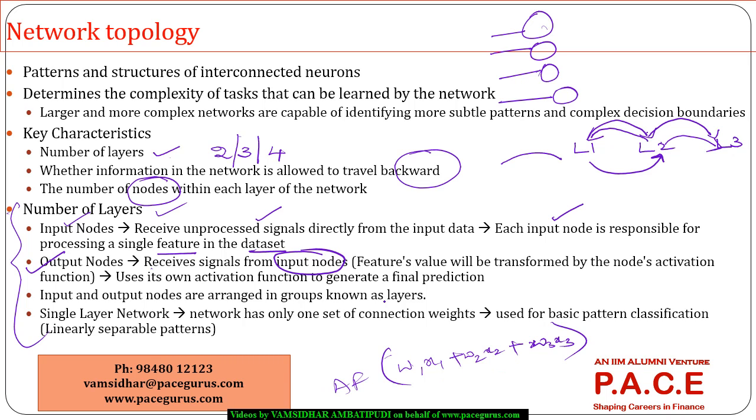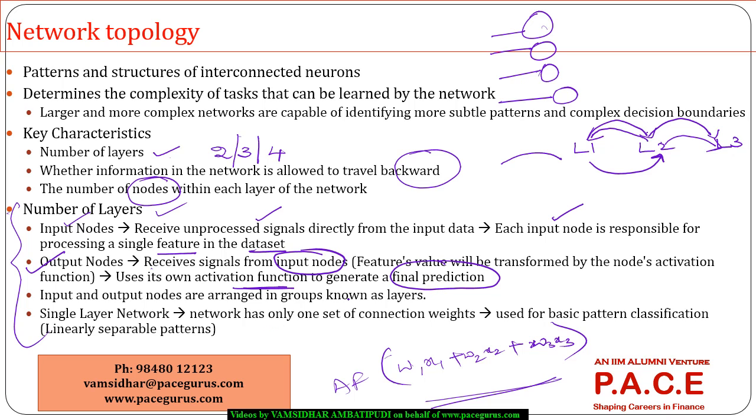This activation function converts the input signal and, based on that, comes out with a final prediction, converting it into an output node. The signal for the output node is typically created here.